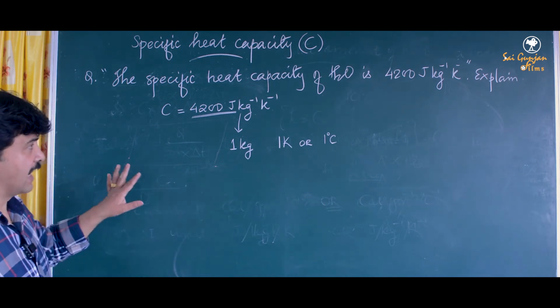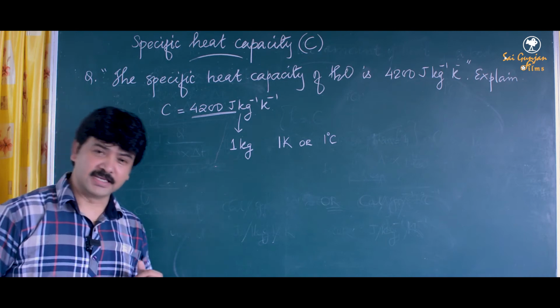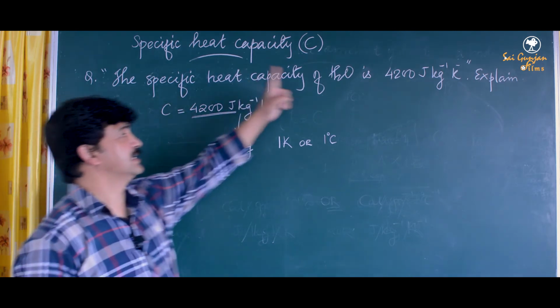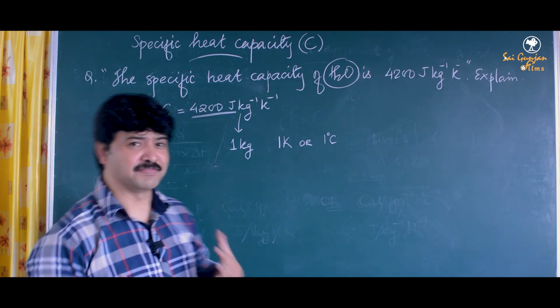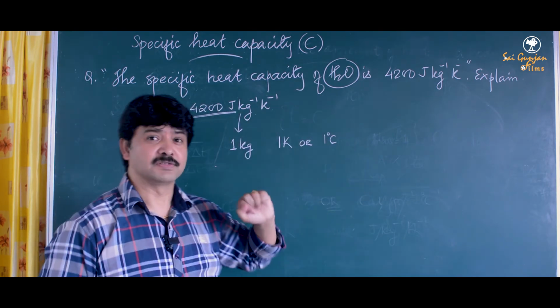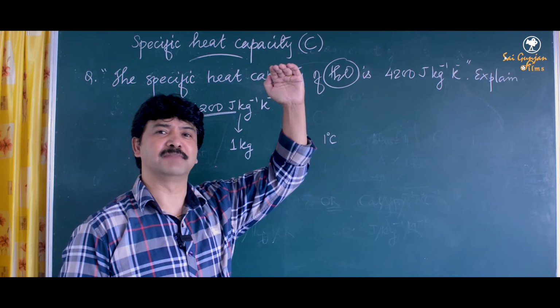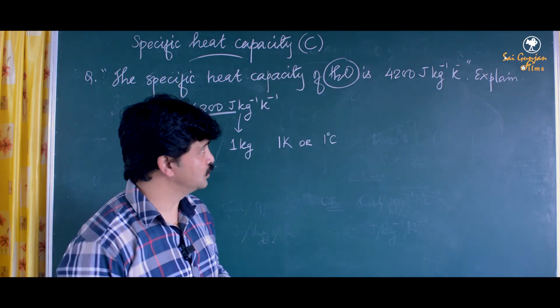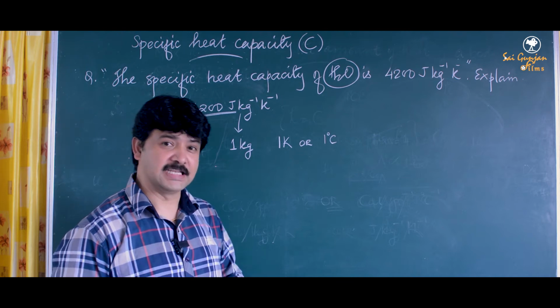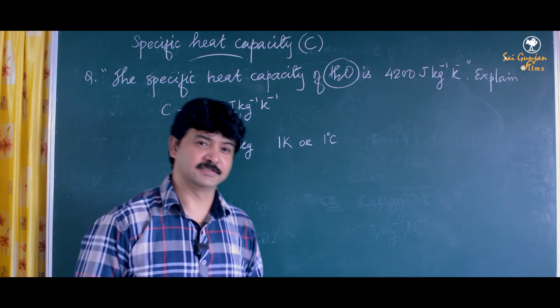And you have to bear this in mind that this substance, which is very important for our life, isn't it? This substance, water, has the highest specific heat, and that is 4200 joule per kg per Kelvin.